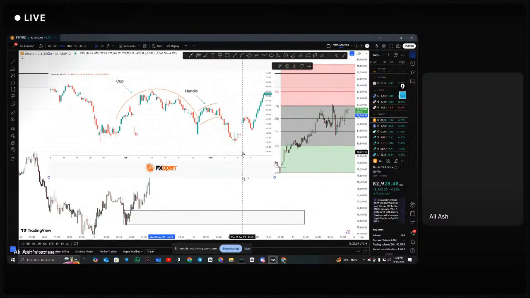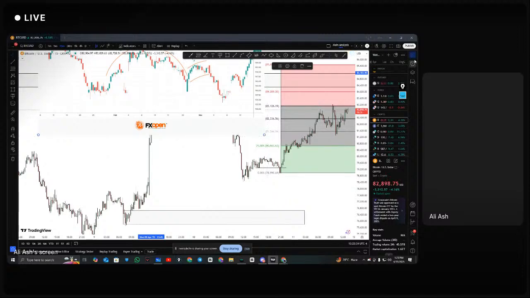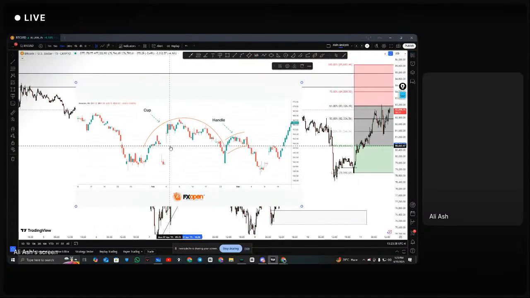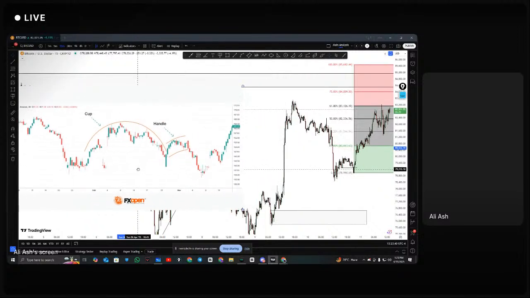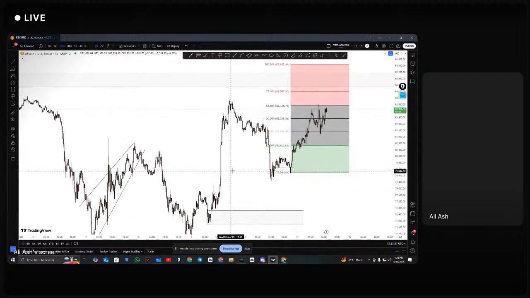And here's the cup and handle. So I guess it's the same. We have this cup, and then we have this handle. Then we have a neckline, and from that neckline we saw this hike.